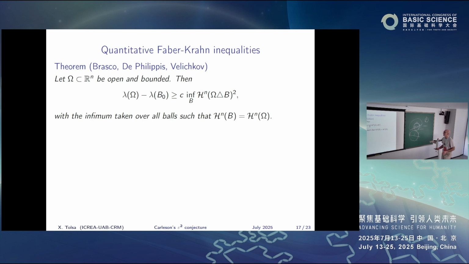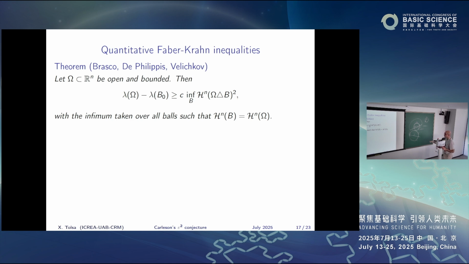It turns out that this can be quantified, and it has been a subject of intensive investigation from people in PDEs. So, for example, Brasco, De Filippis, and Velichkov proved that if omega is open and bounded, and imagine that they have the same volume, then lambda of omega, this is the first eigenvalue of omega, minus this, the first eigenvalue of the ball, is positive, but moreover, it is bounded from below by the infimum of this measure square of the symmetric difference.